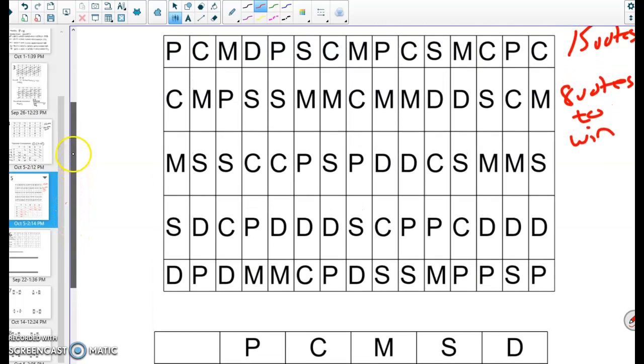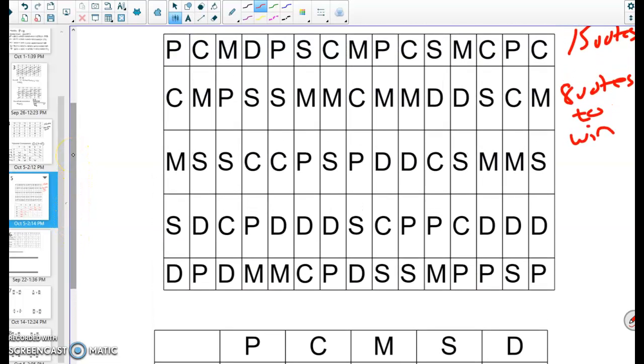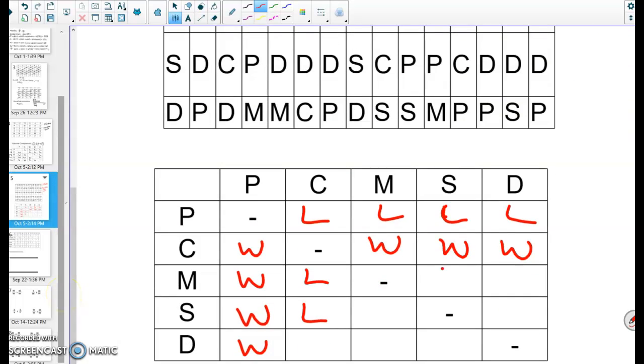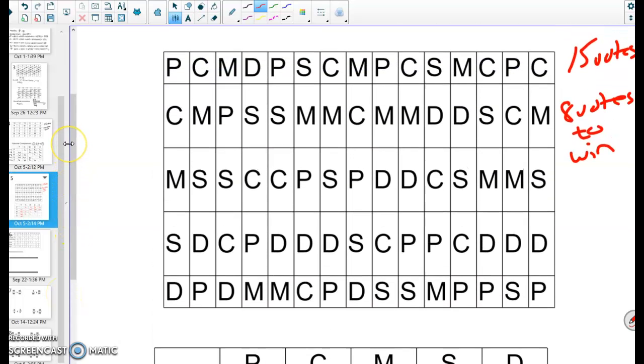So M versus S. 1, 2, 3. Nope. Nope. Nope. 4, 5, 6, 7, no, 8. So really with 3 left, M has already won. M beats S. M versus D. 1, 2, 3.